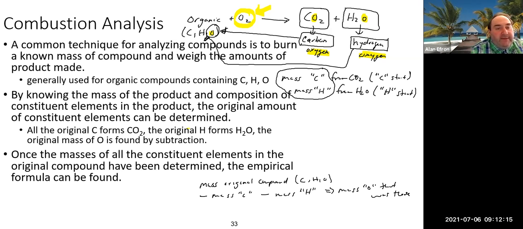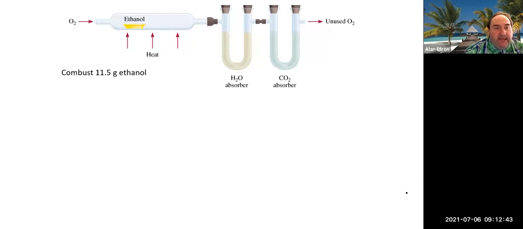We're going to use the information from the combustion analysis to help us figure out ultimately how many grams of carbon, how many grams of hydrogen, and how many grams of oxygen there were in the original sample. And then we can go through our normal empirical formula process: convert those grams to moles, divide by the smallest, and all that kind of stuff. So let's go through this problem together so you can see how it works.